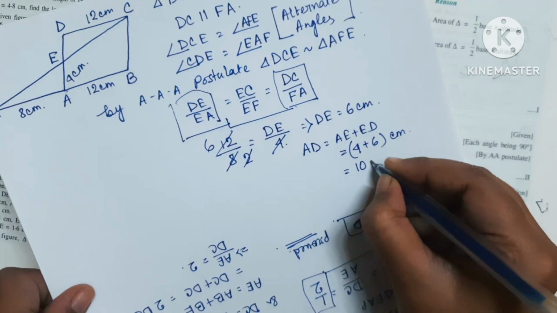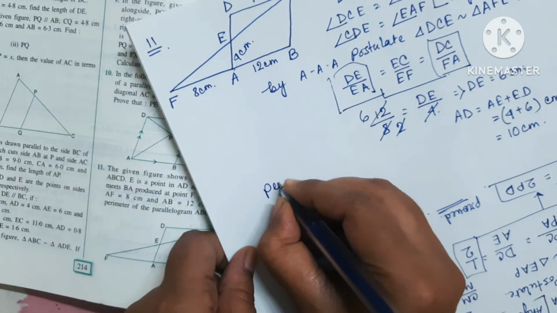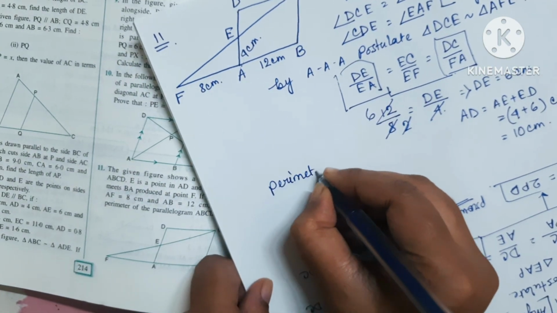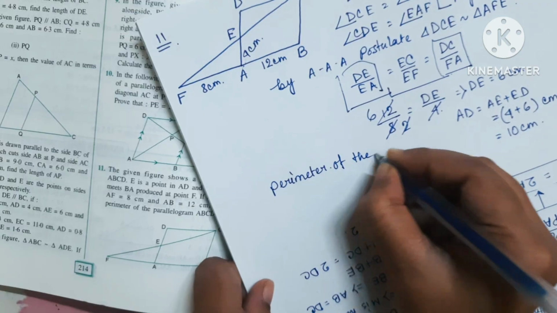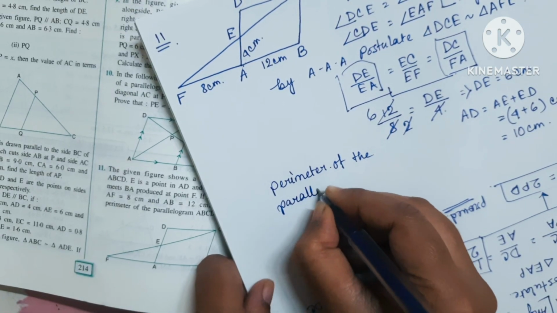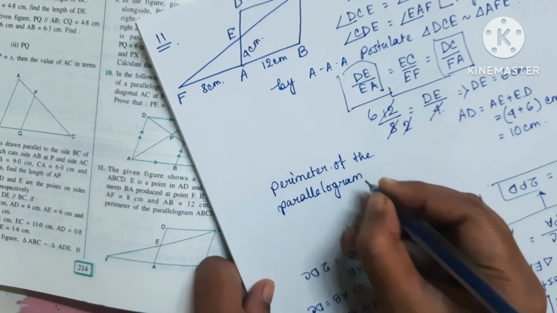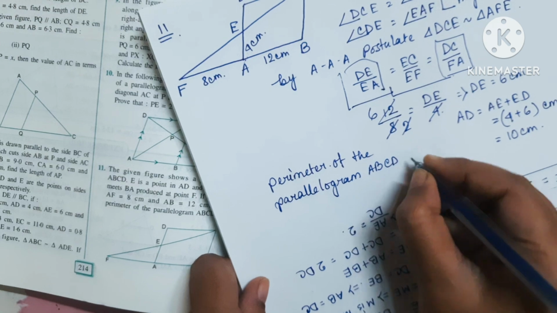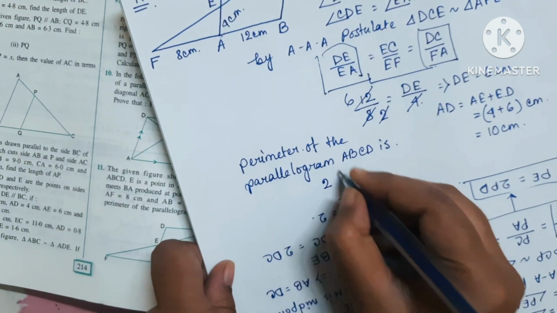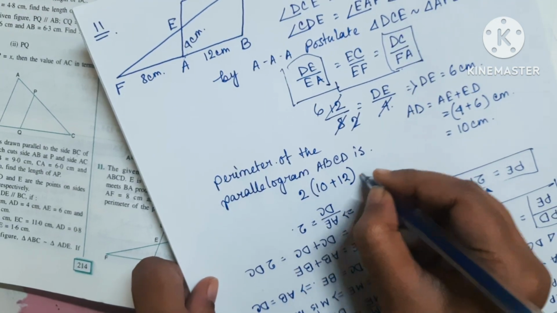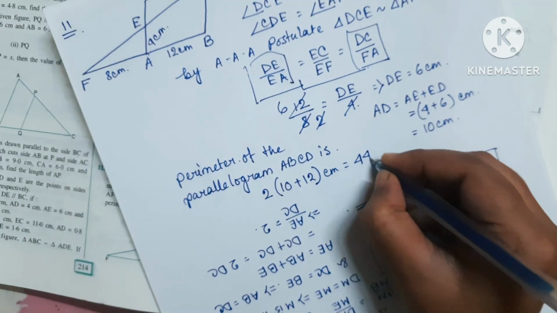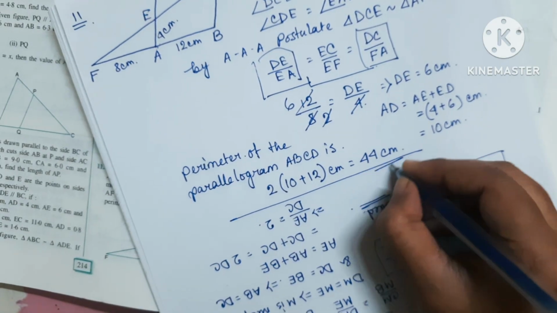Okay. So this is 10 centimeter. So perimeter of the parallelogram ABCD is 2 into 10 plus 12 centimeter is equal to 44 centimeter. Okay. So this is the answer.